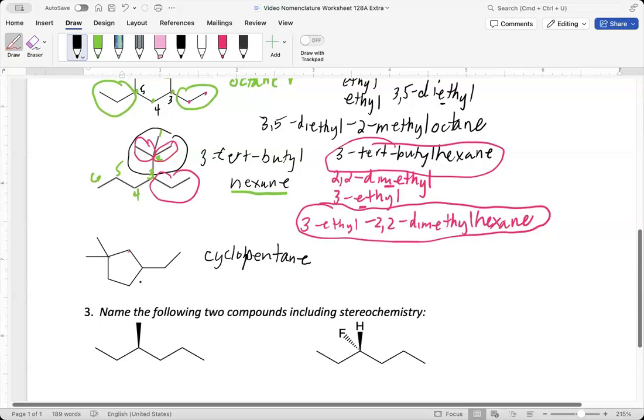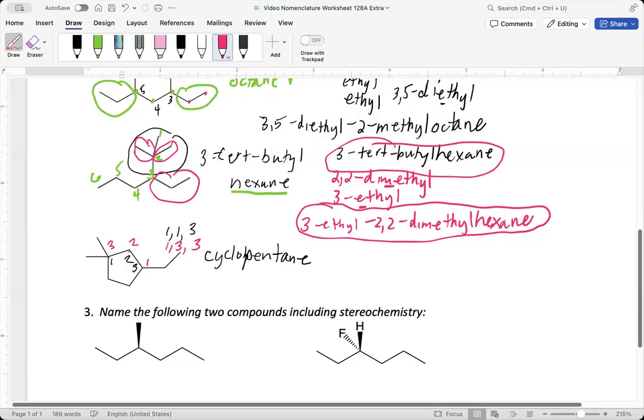Now, how am I going to number this system? I'm going to start numbering the system to give the lowest number to the most amount of substituents that I can. If I start over here on the left, there's 2 methyl groups. So that would be 1, 1, 3 for my substituents. If I started over here on the right, I would get 1, 3, 3.